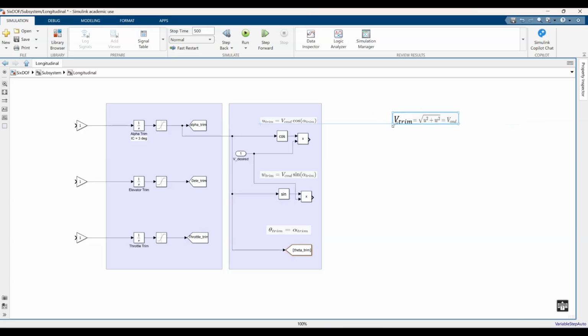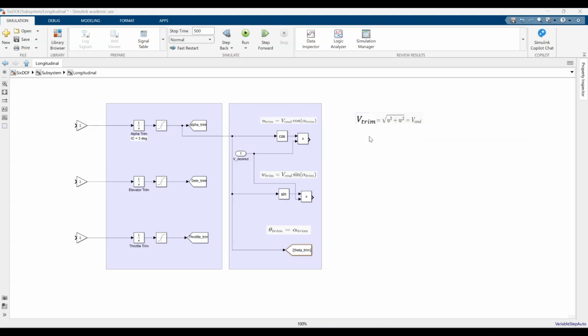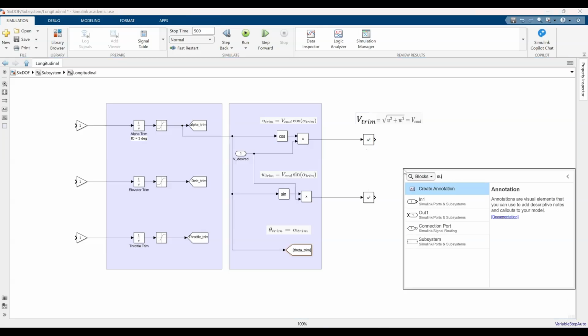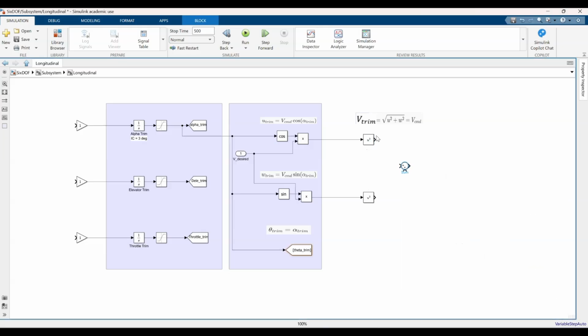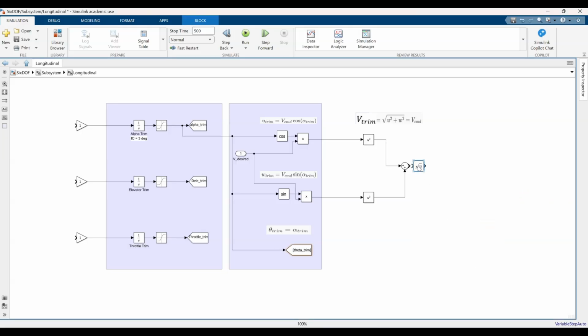So this time this will be v trim, and that is nothing but a square block, and so we get 1, 2, sum, okay, and square root, and that gives us our v trim.